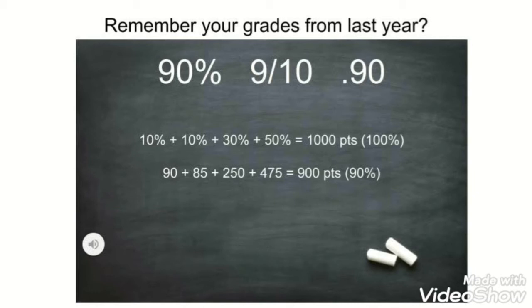Let's say your grade was a 90. You made a 90% last year in your class, whatever math class that was. That means if there were only 10 questions, you got 9 out of 10 of them right. That is 90%. 90% can be written as 9/10.